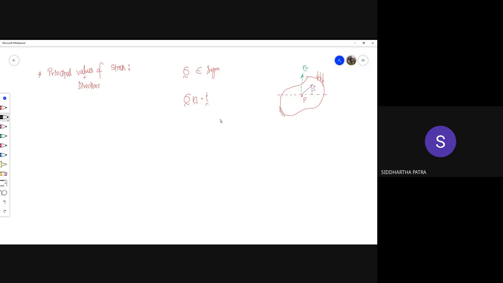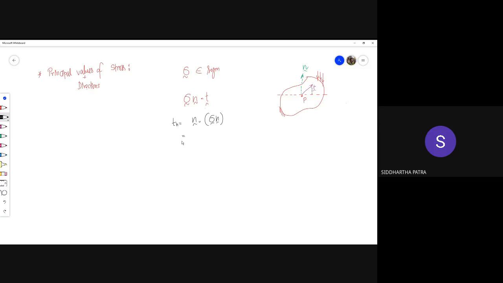Okay, but this time, instead of using figures and equilibrium equations, we are simply using Cauchy's equation and a little bit of linear algebra. So let's define Tn, the normal component of T, as n dot sigma times n.